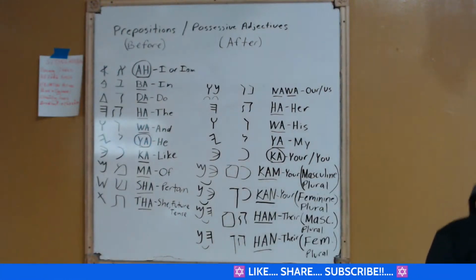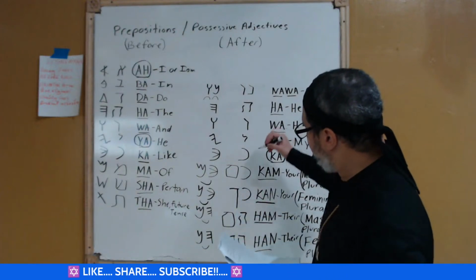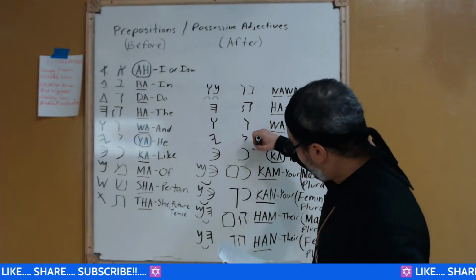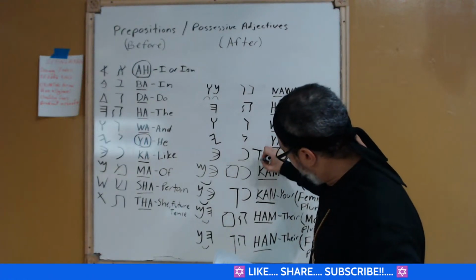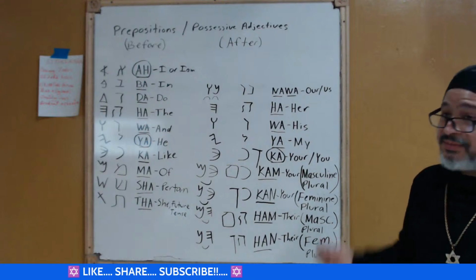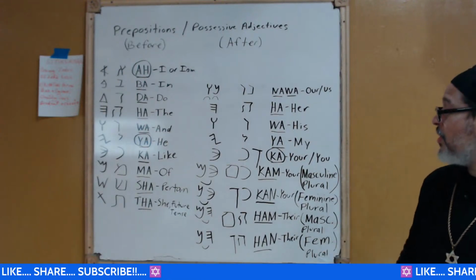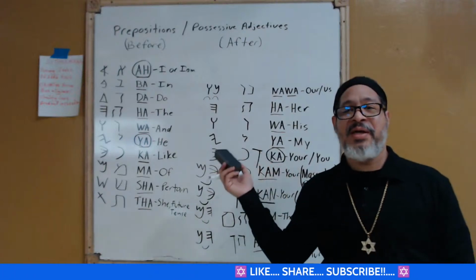So that needs to be replaced with that. Now, these are the tricky things of learning the language. I did this on purpose because I wanted to see if anyone was paying attention.